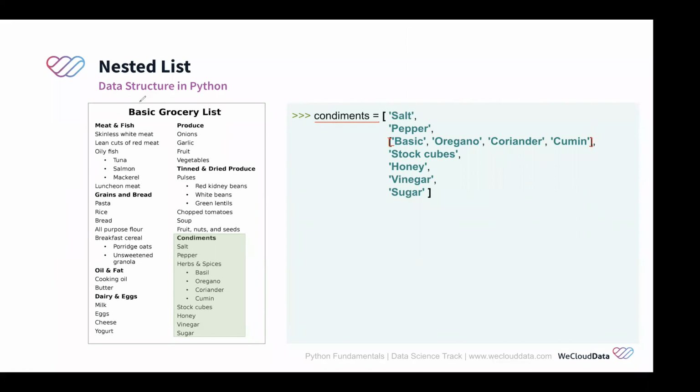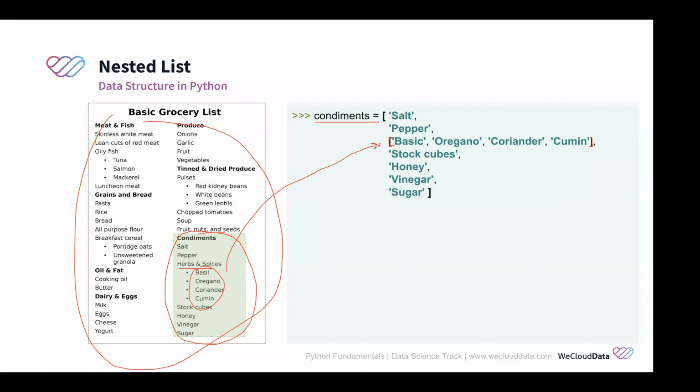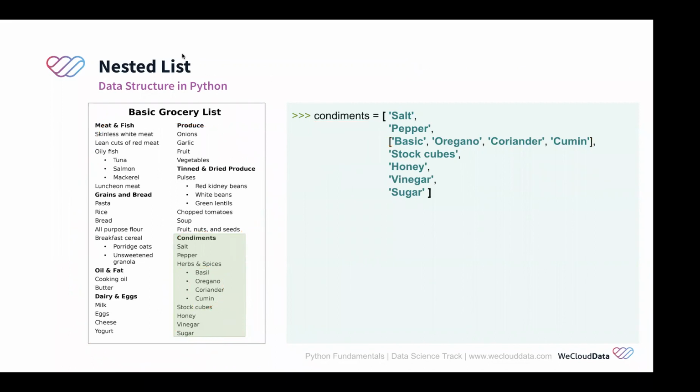Because when you write a grocery list, this is the entire list, but you can have different categories and subcategories as well, and then you have bullets. This is how we can represent that using a nested list structure. I'm not saying that this is the best way to represent it. We might as well use a Python dictionary. We'll talk about dictionary in the next session.